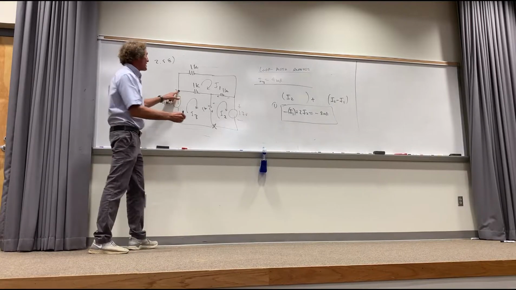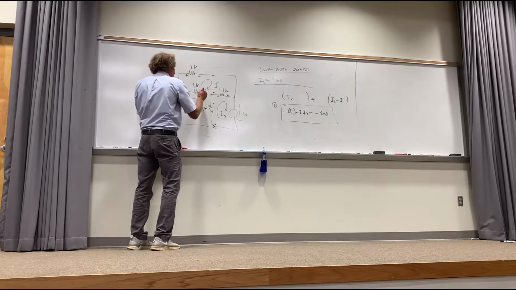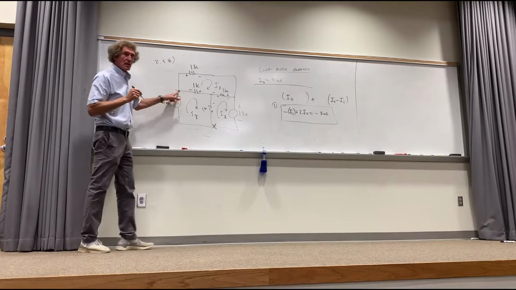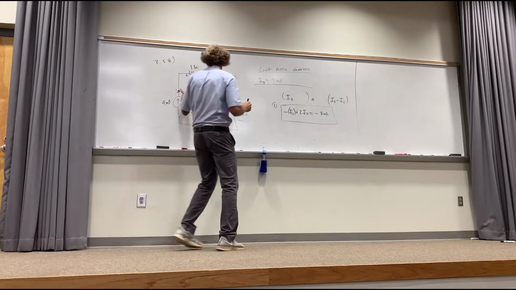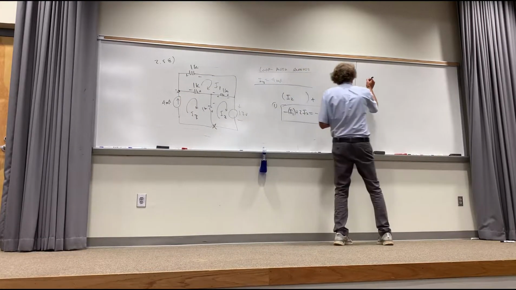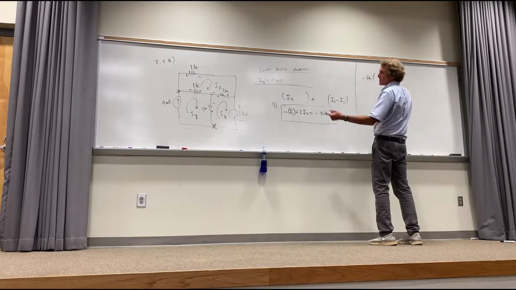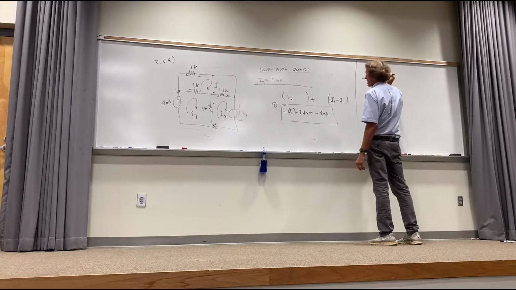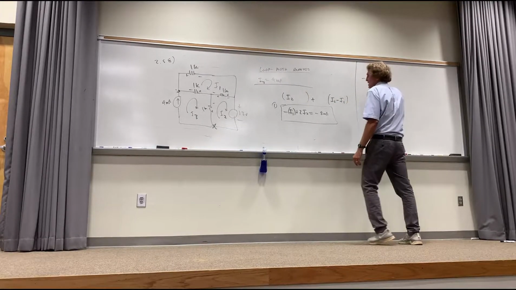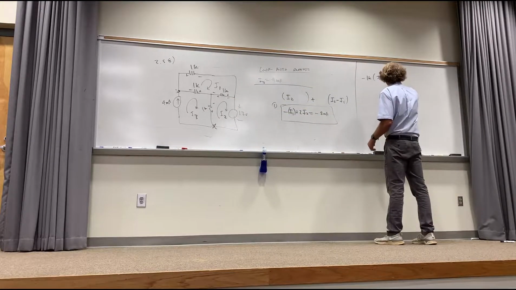So I start here, and now I want the voltage drops that way, right? So, starting at this point and going around the loop, I get minus 1K times, what's the net current flowing in that direction, class? I1. Just I1. Now I'm here, minus 1K.